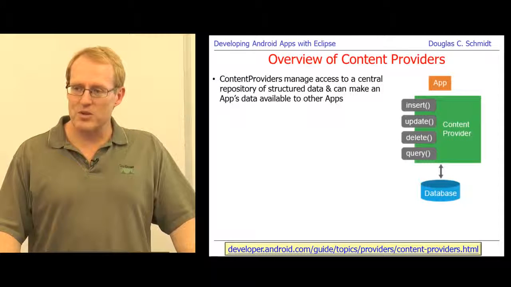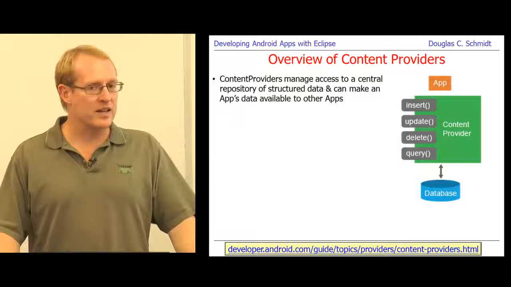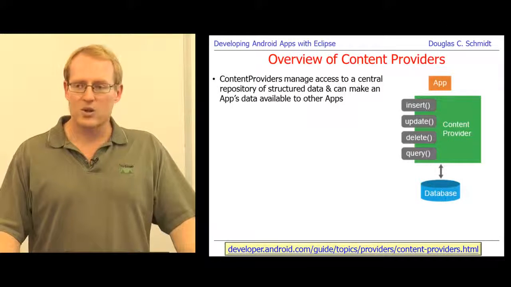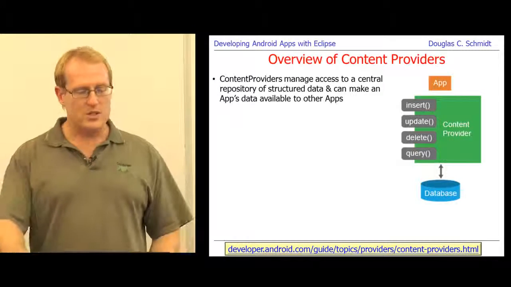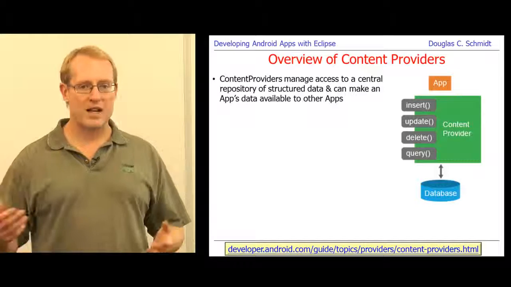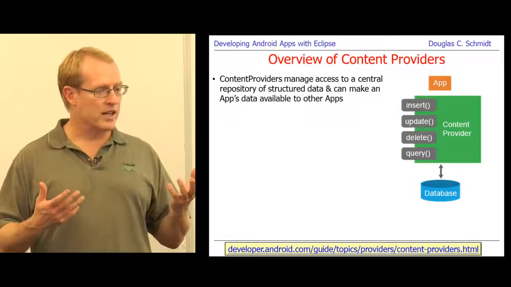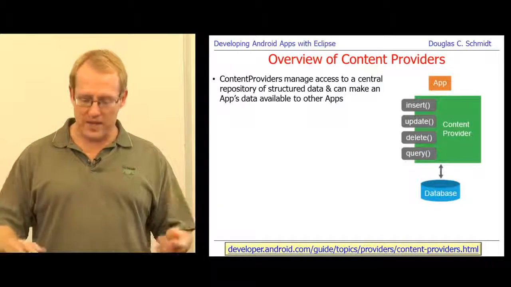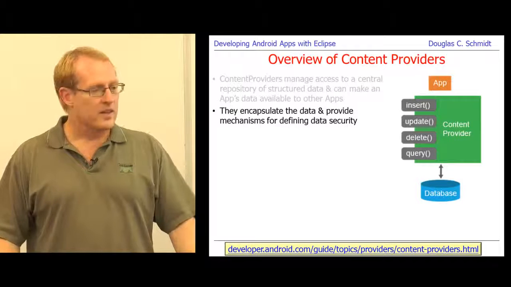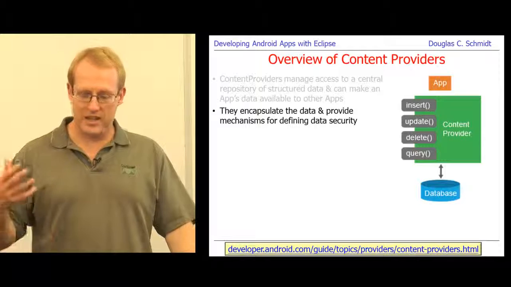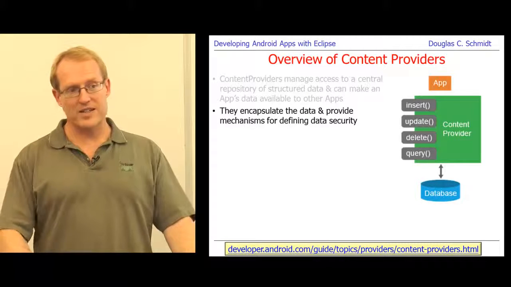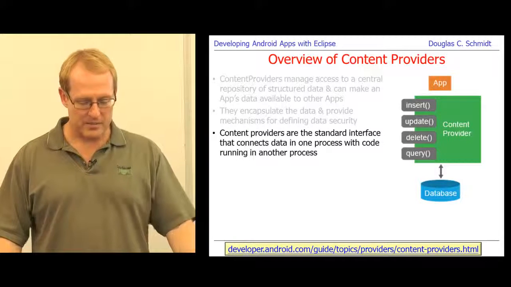What content providers do is they make it possible to share that data among other applications and access it in other ways, and also allow you to access it across address space boundaries and so forth. So they give us a way to manage access to a central repository of structured data and make that accessible to other things on the phone. They also give you some ways of having permissions and protection to give a little better security to accessing the data so that not everybody can get it.